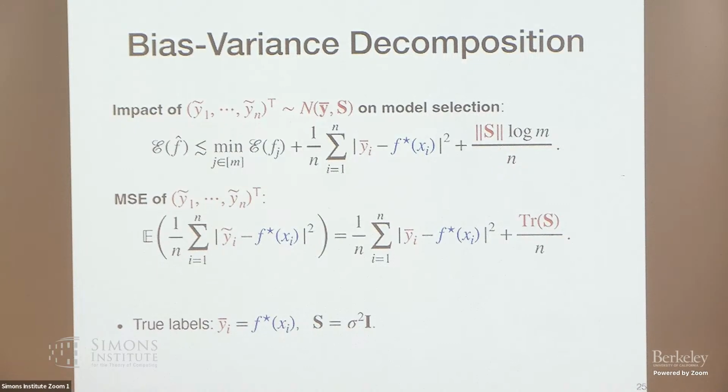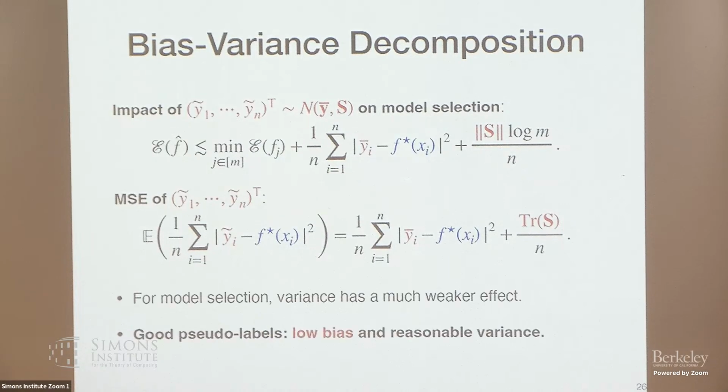So this discrepancy tells you that model selection doesn't depend too sensitively on the variance, and you can tolerate lots of variance. So the variance has a much weaker impact. You can use very noisy labels and still get a faithful model selection result.